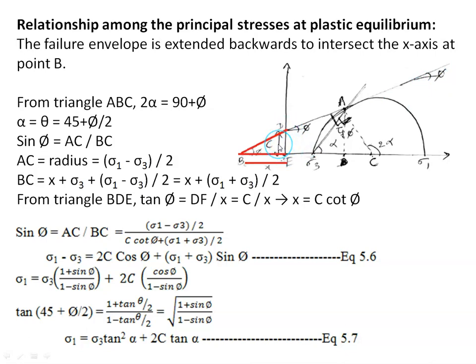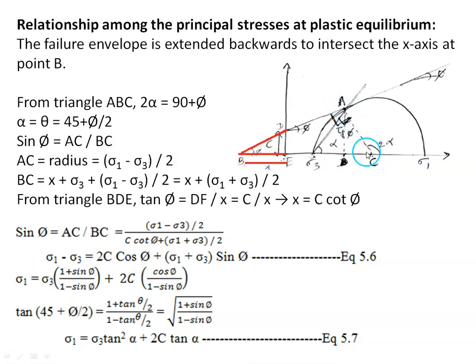If we extend this failure envelope backwards, it will intersect the x-axis at point B. Now from triangle ABC, this is a right angled triangle.